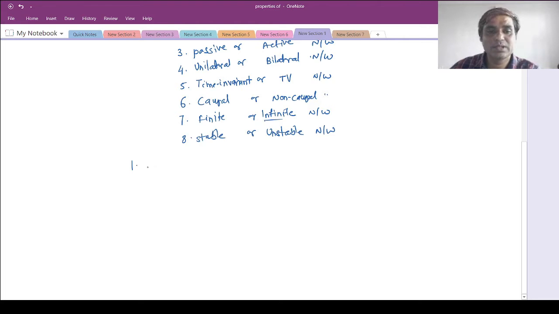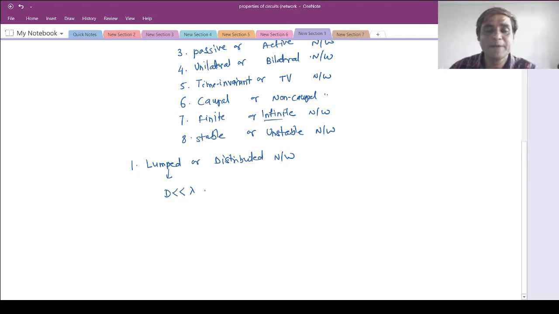So first let us discuss the lumped network and distributed network, and define what is lumped and what is distributed. A lumped circuit or lumped system is basically a special case of Maxwell's equations, and a lumped network is one whose dimension is very small compared to the wavelength of interest.